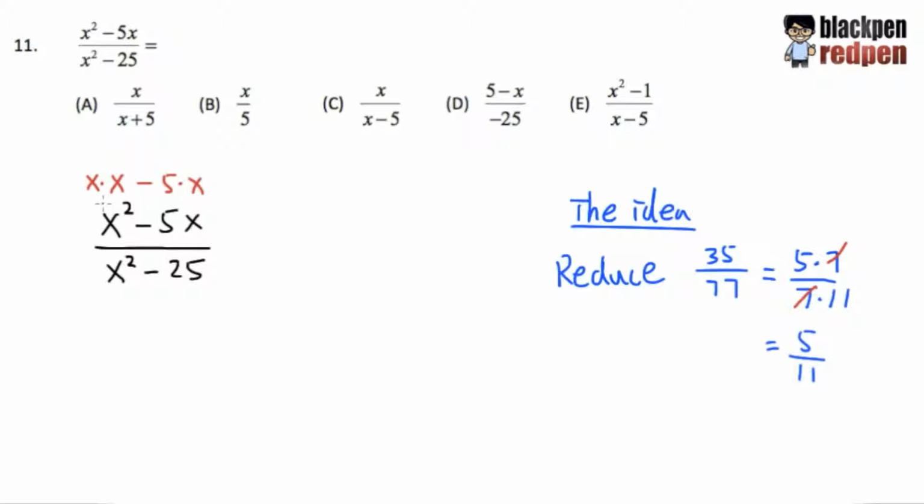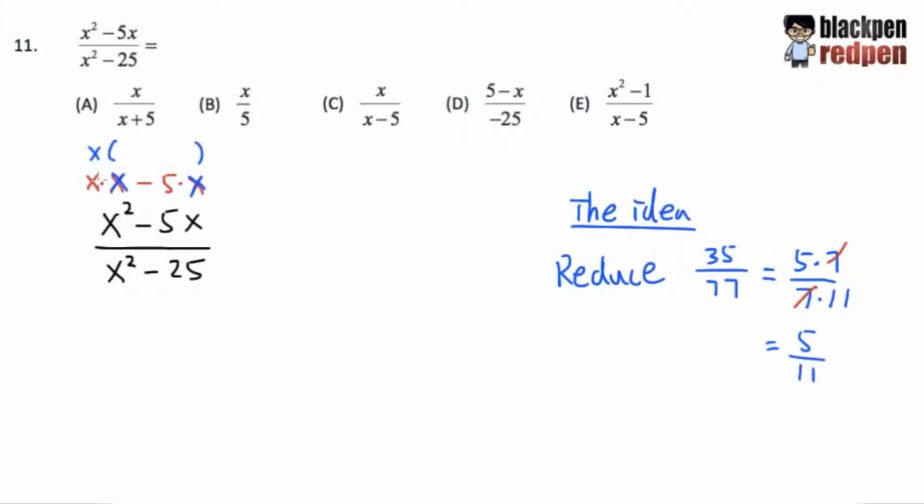As we can see, these two terms, they both have an x in common. For the first term, I will color in one of the x in blue. And for the second term, I will color in this x in blue. And what we can do is, we can factor out the common x. So I will put down the x on the outside, and I'll put in the parentheses. And for the inside, that will be for the remaining terms.